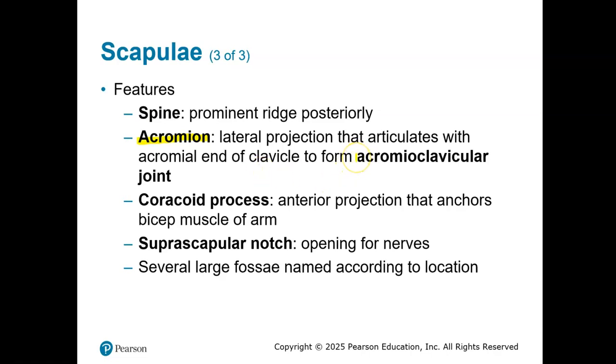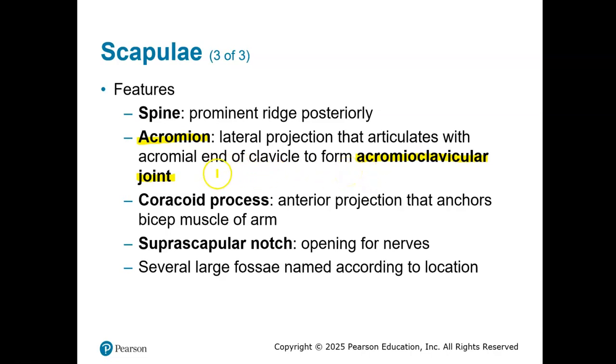But the shoulder joint is called the acromioclavicular joint because it is where basically the two bones that form the joint are the clavicle, which is the collarbone, and then the acromion of the scapula. That is where they connect.